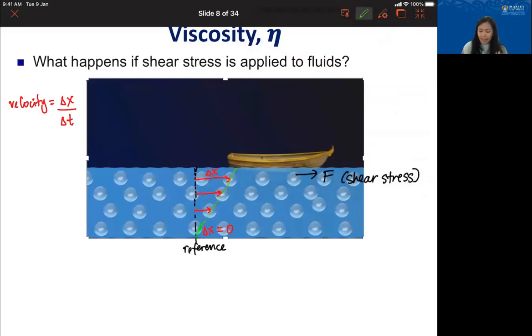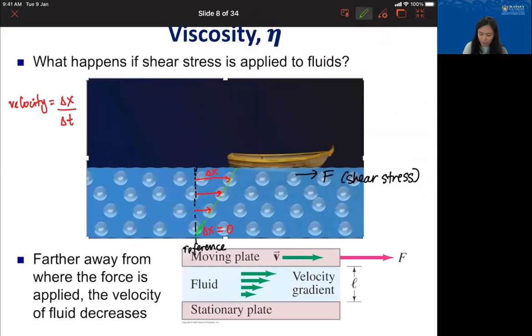You can see similar behavior in the deformation of the fluid, similar to the deformation of the textbook that we've seen earlier for solids, I mean. Okay, so looking at a more idealized experimental setup, you sandwich a fluid between two plates and you move the top plate to the right.